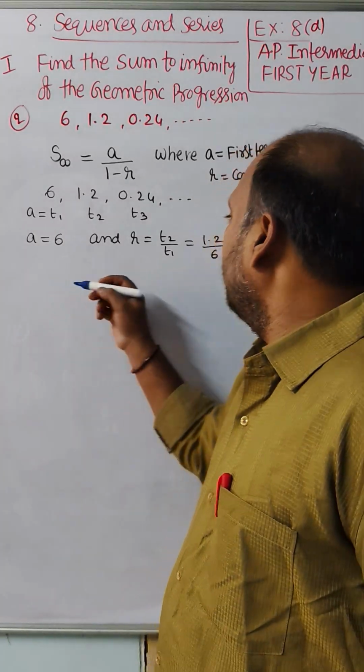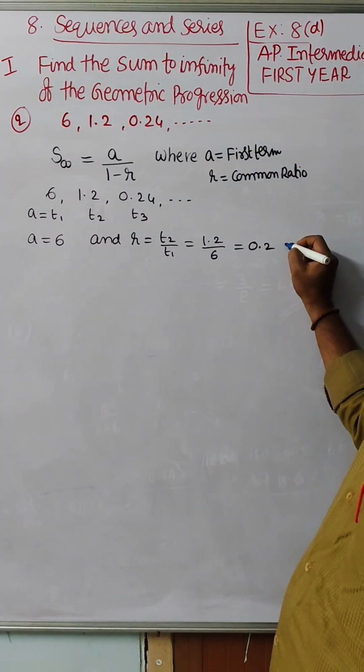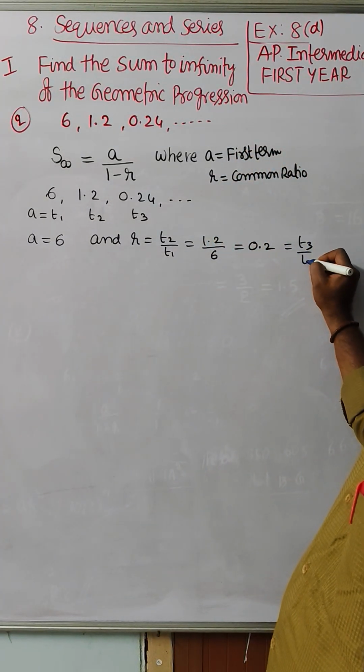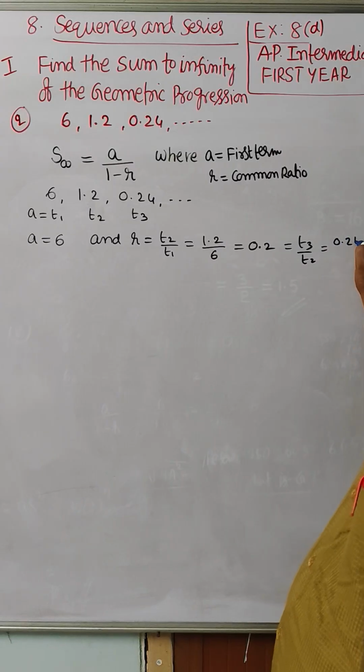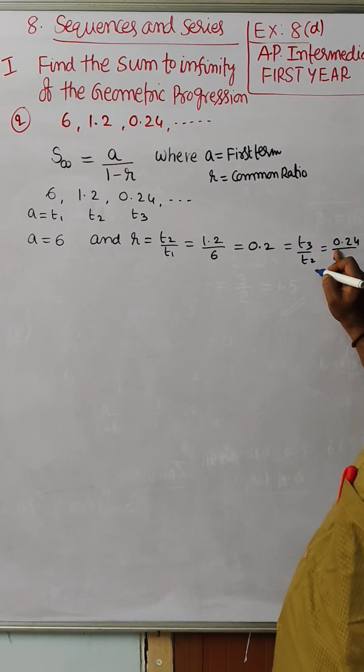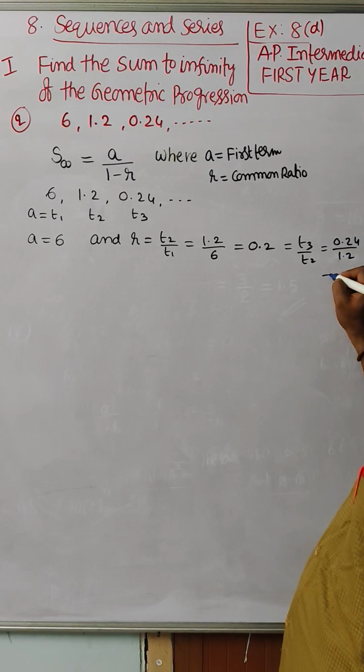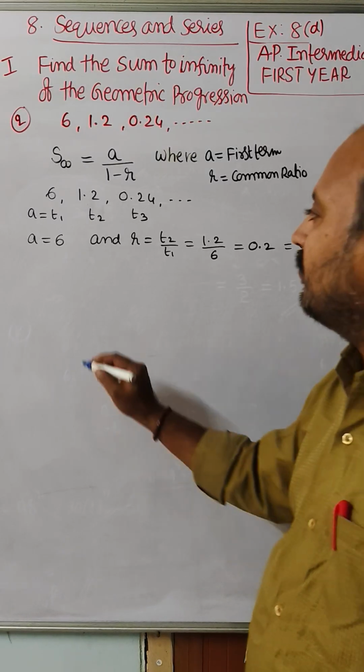Even if you want to check, T3 by T2 is equal to 0.24 by 1.2, which is also 0.2.